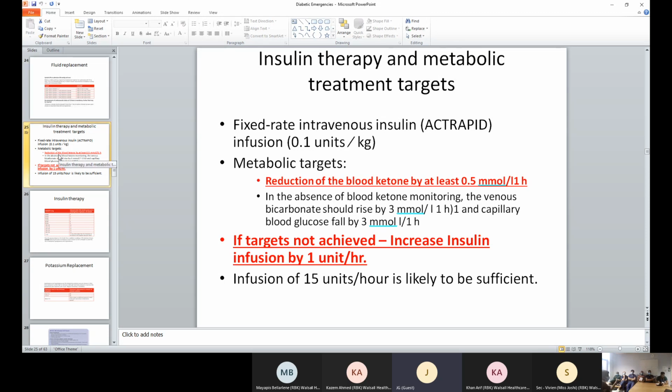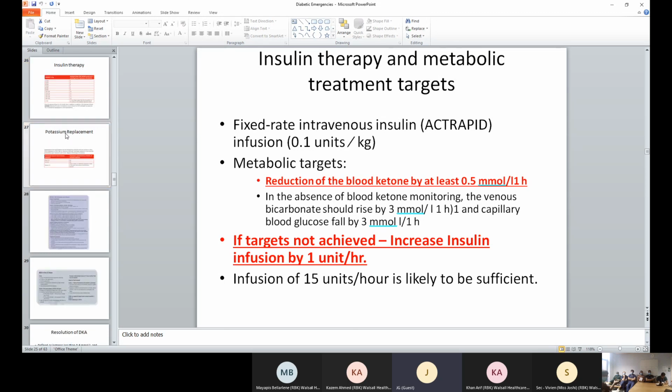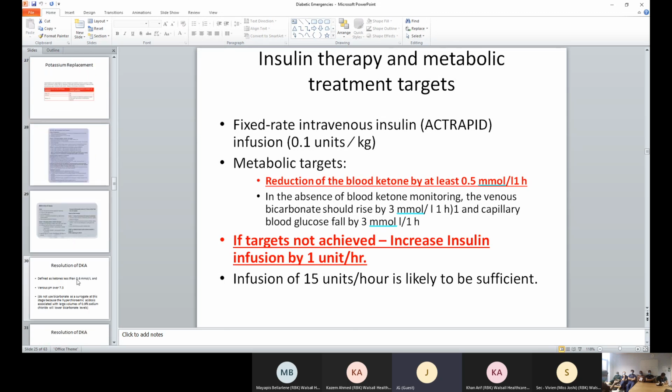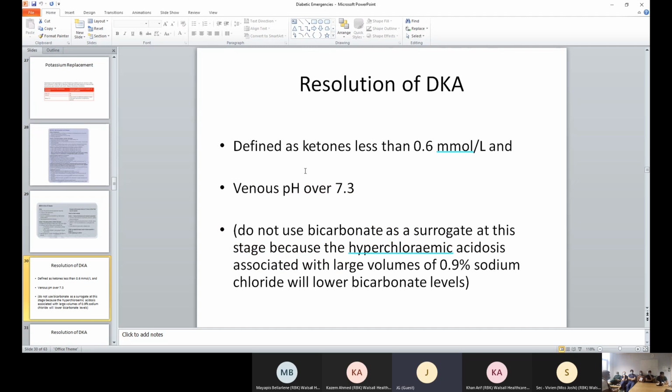So now you are all familiar up to step 5. Then you need to know the resolution of diabetic ketoacidosis. The resolution is ketone less than 0.6 on 2 consecutive measurements, as they are measuring hourly ketones, plus pH over 7.3.